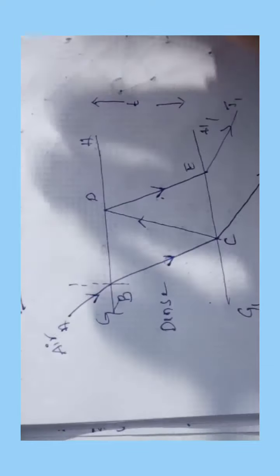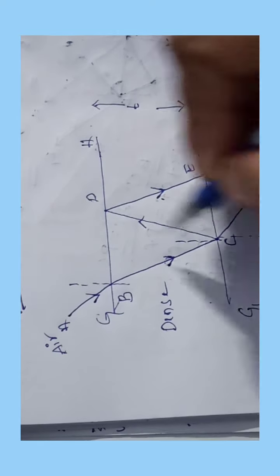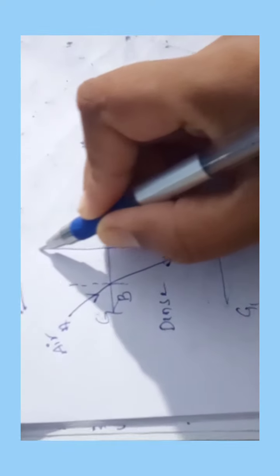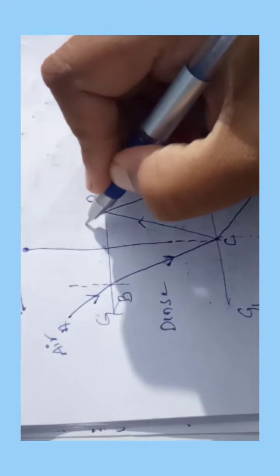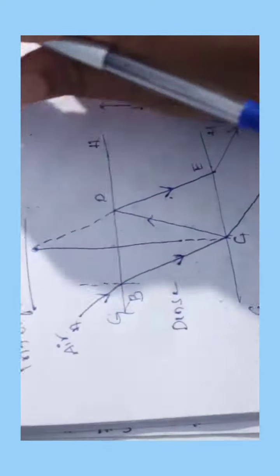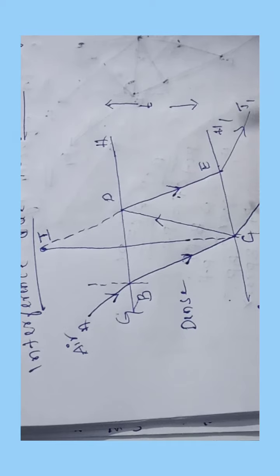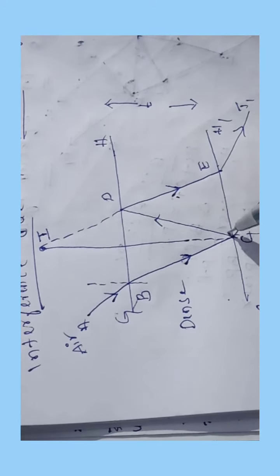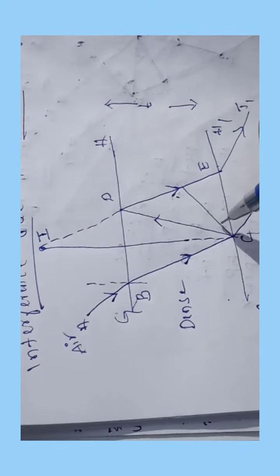Now let us extend. This is the normal drawn. Extend ED in the backward direction. Let us suppose that it meets at point I. Now, to find the cosine law, draw a perpendicular from C on DE, the angle of refraction.